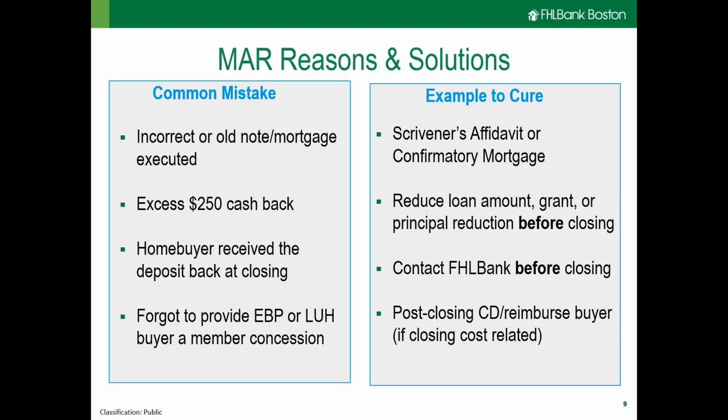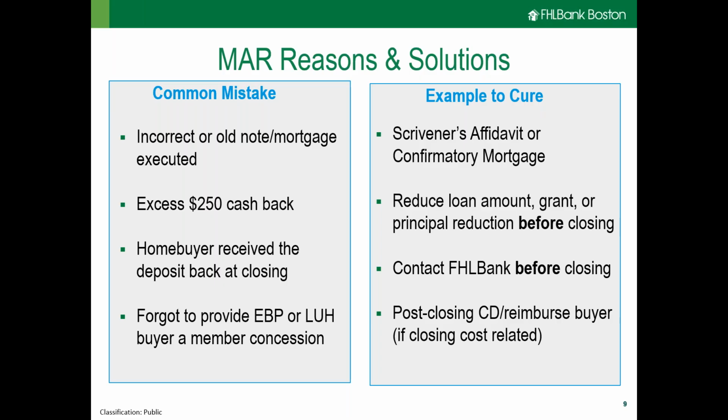So we want to share some reasons we put things into MAR, and here are also some solutions for that. Common mistakes include incorrect or old notes and mortgages that are executed. Ways to cure that: obviously, if the note has incorrect information, we would want you to provide the revised note with a quality control letter.